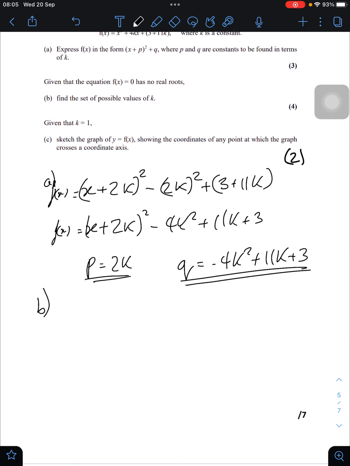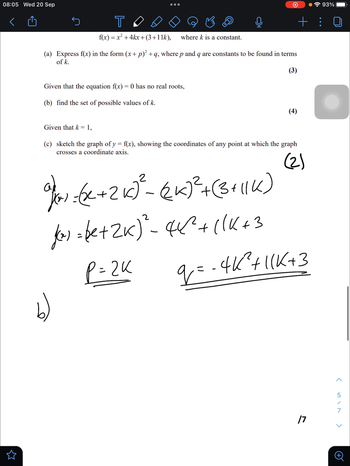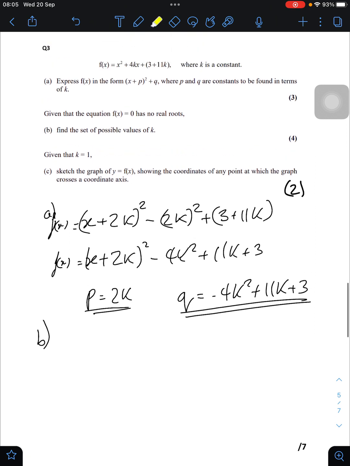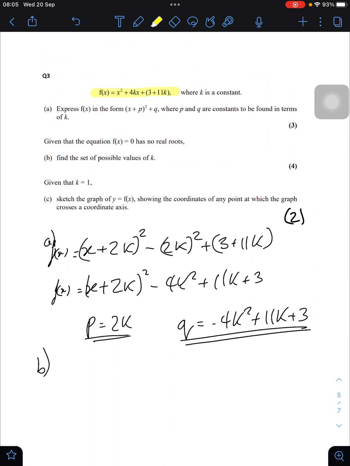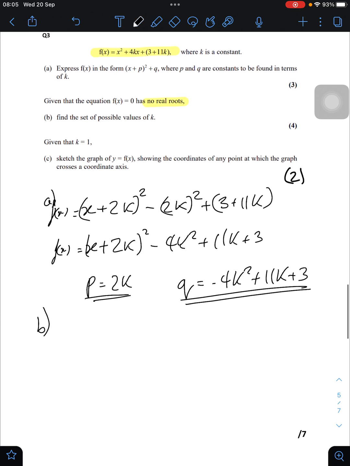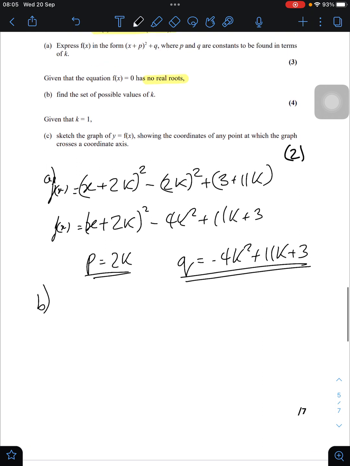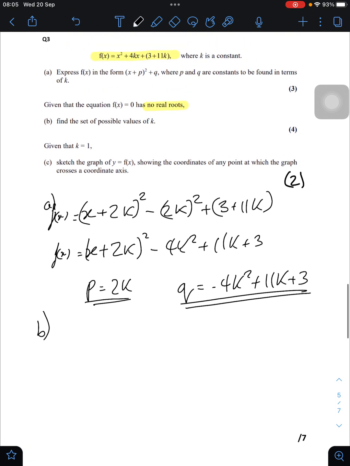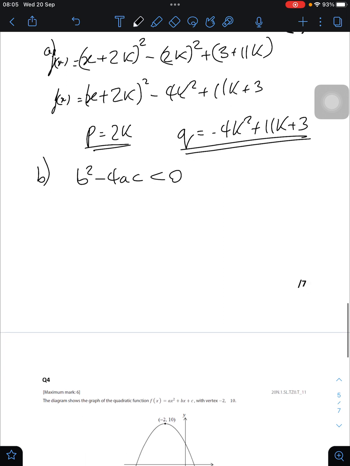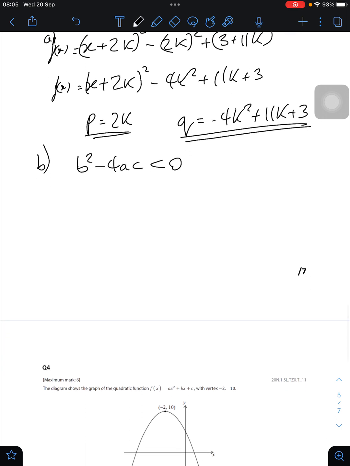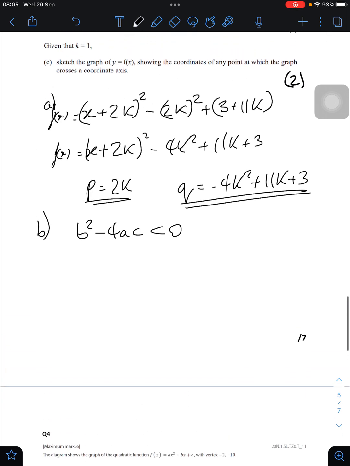Part B here, given that f of x equals 0 has no real roots. I've got to do my highlighting for this question, that's my f of x. No real roots, definitely highlight that. Find the possible set of values for k. So we know that b squared minus 4ac is less than 0 for no real roots. There is a quicker way of doing this, but we'll do this method first.